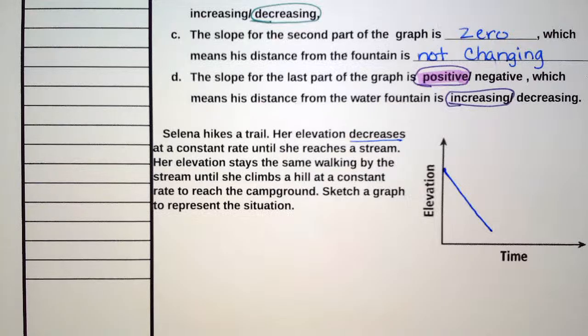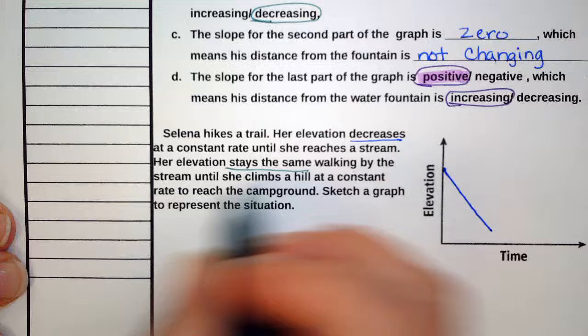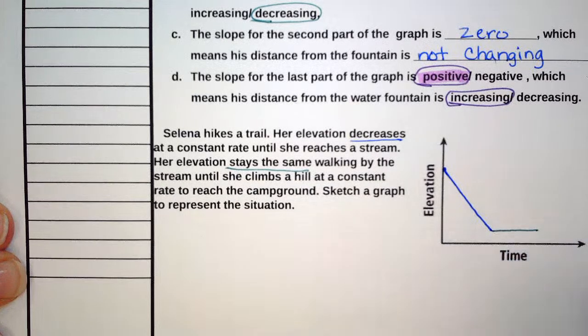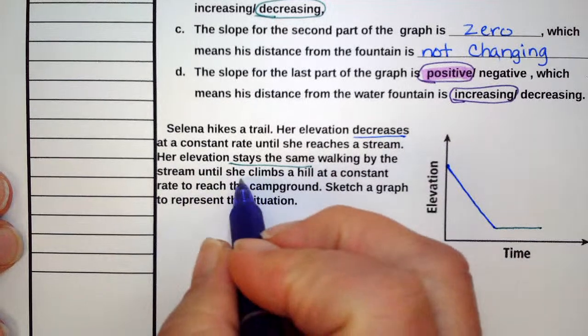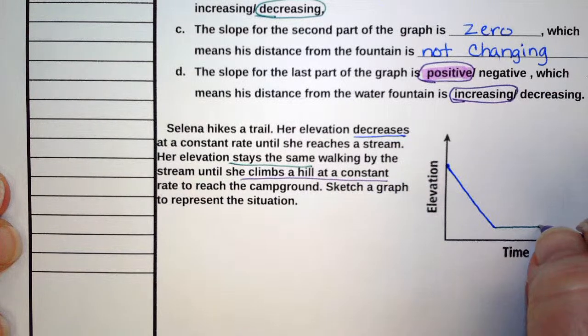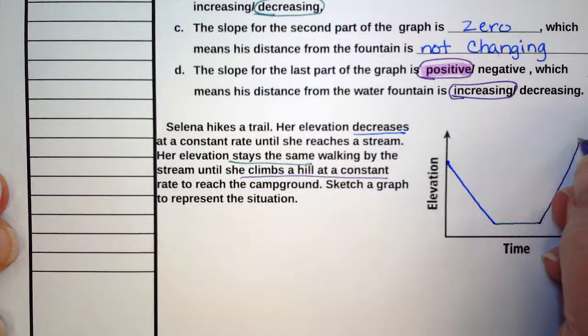Then her elevation stays the same, walking by the stream. Now, what happens last? She climbs a hill at a constant rate to reach the campground. So here we go up the hill. Here's the campground.